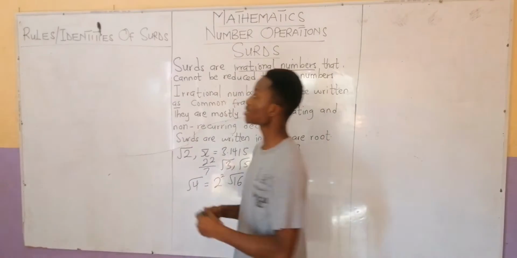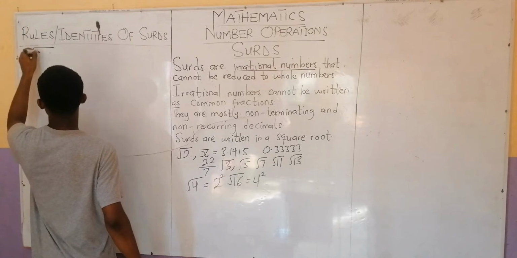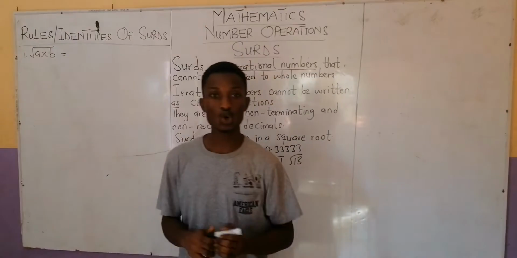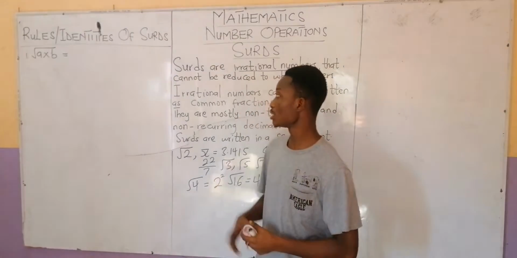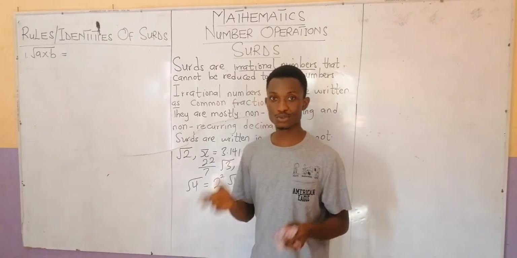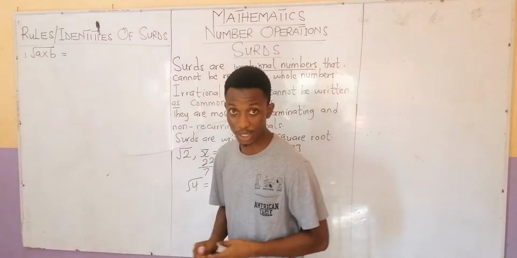The first one says that now if I have the root of the product of two numbers, so let's say root of A times B. So they are all in the root of A times B. I can write them as individual sets.